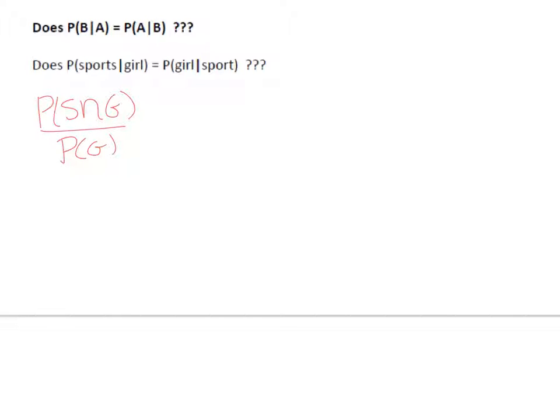And we want to see whether or not that is equal to the probability of girls intersecting sports divided by the probability of sports. So we're going to need to go back to the table and get some of these values. Why don't you pause it, go back, and see if you can fill in the numeric values that go into our fractions, and we'll determine whether or not these two things are equal.